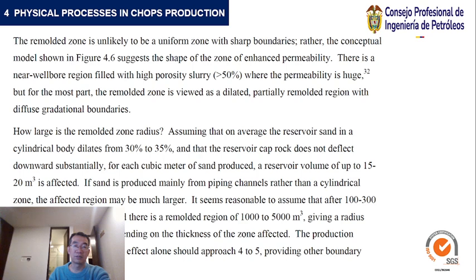If sand is produced mainly from piping channels rather than a cylindrical zone, the affected region may be much larger.